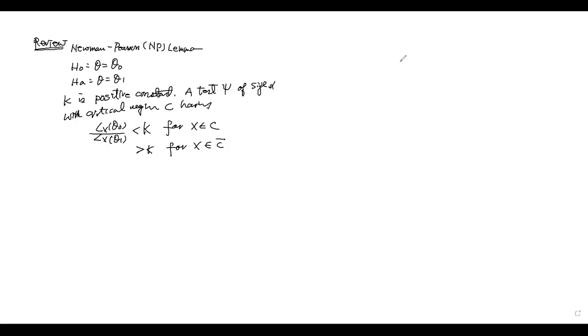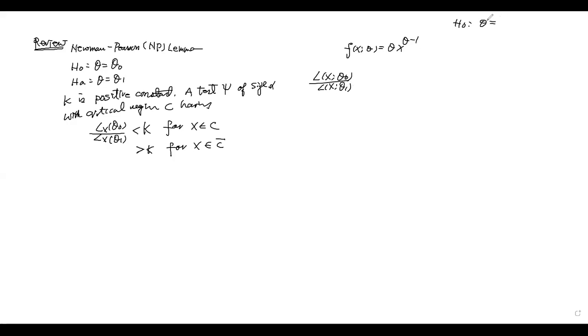Okay, so let's take a look at our problem. We start very simple: f(x; theta) = theta x^(theta - 1). Now, based on the NP lemma, I have the likelihood of x at theta 0 and the likelihood of x at theta 1. Remember from the introduction, what is the hypothesis we want to test?